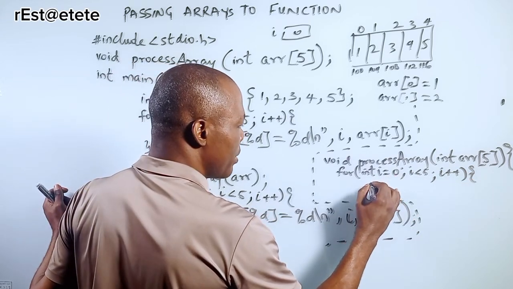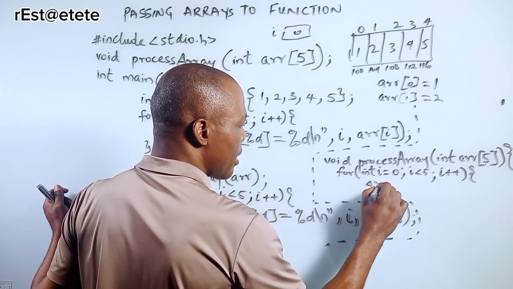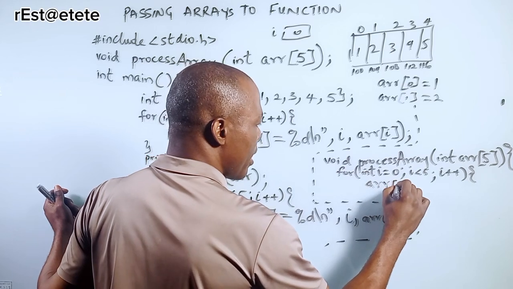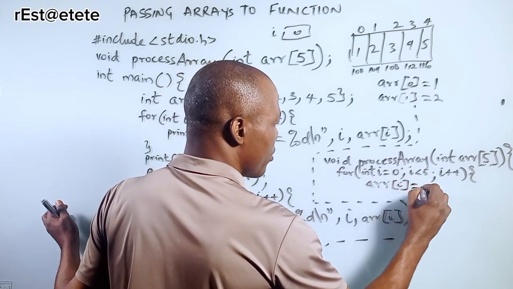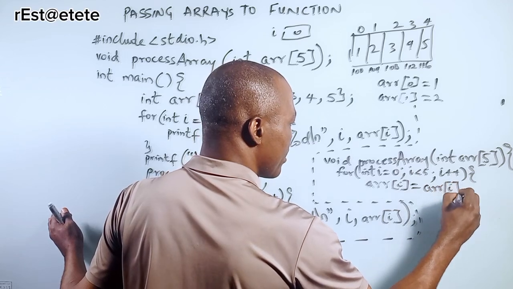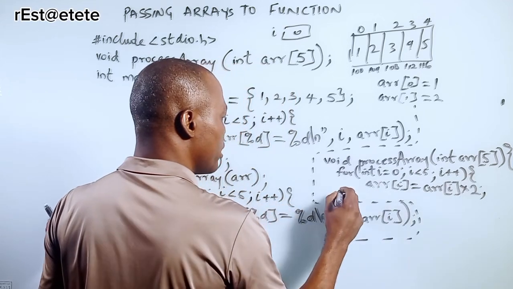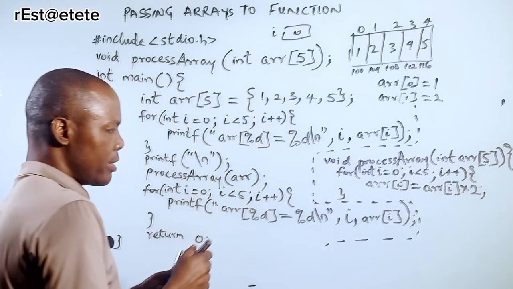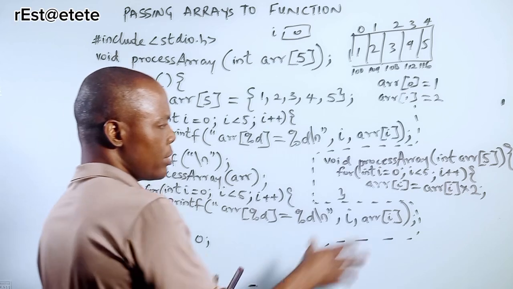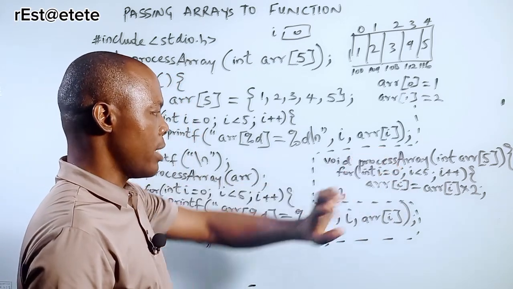And what would that formula be? Array I equals to array I times 2. So I'll close it. Then I'll close this for loop. I hope you are still able to see, because it's very small. It's because of the board. So this is my function that I've written.